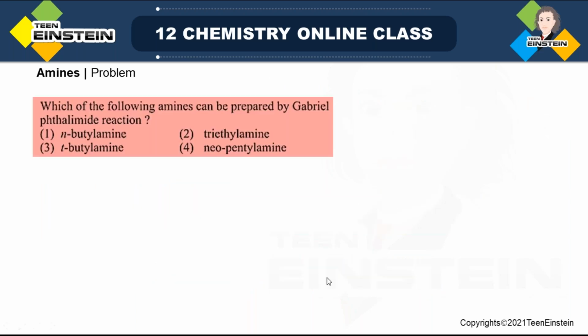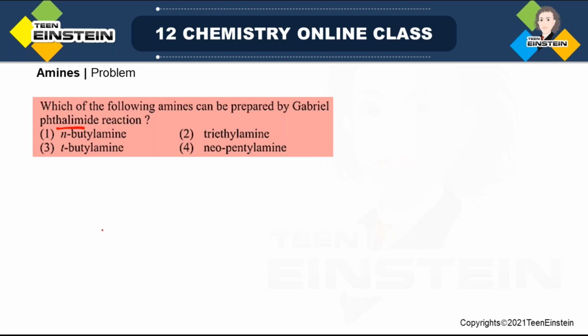Which of the following amines can be prepared by Gabriel phthalimide reaction? In Gabriel phthalimide reaction, we use phthalimide as the starting material, and remember, in this case, we can make only 1 degree amine. Starting material phthalimide, as I have said, and here, if we see the reaction, you will see that the starting material is again RX.